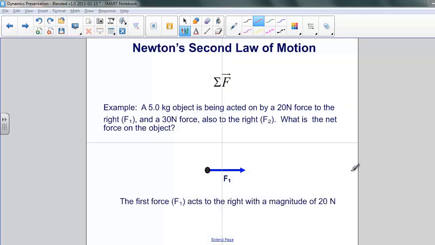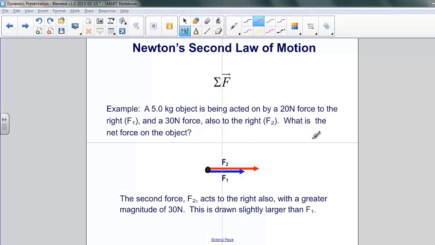Continuing with our example, our 5 kilogram object, we've decided to represent as this little dot. That's our free body, if you like. Now, the first force that we've got is a 20 Newton force, and we said that it was moving to the right. So here's the arrow for F1, which is 20 newtons in magnitude, and it's pointing to the right. Next, we'll want to also show the second force, our 30 Newton force, which is F2, which is also pointing to the right.